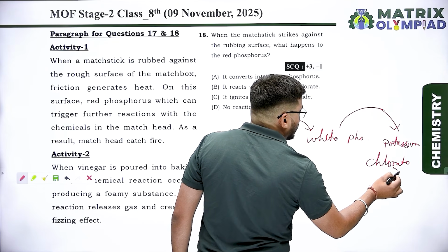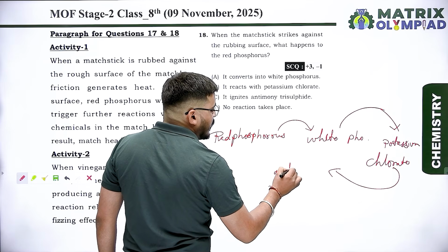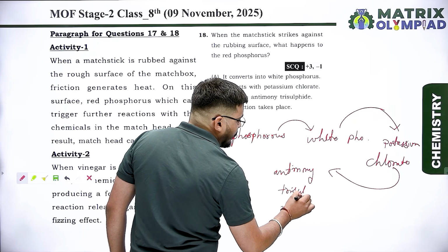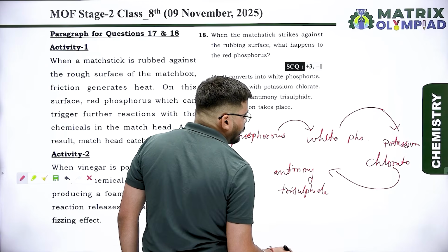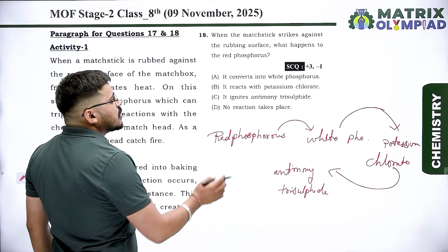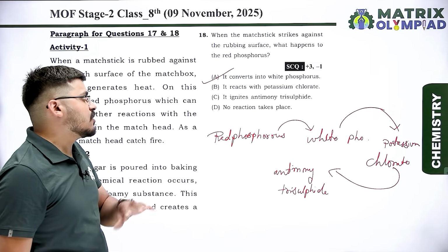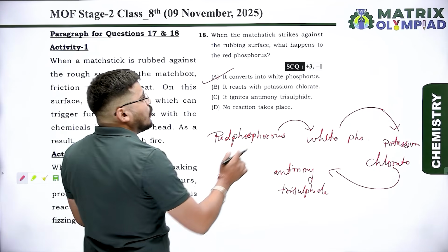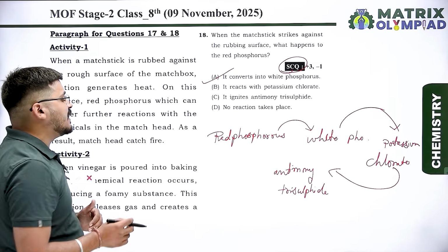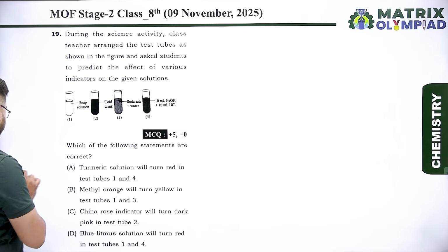And this potassium chlorate decomposes the antimony trisulfide. So the question is, what happens to the red phosphorus? Red phosphorus is converted into white phosphorus. This is the answer. Option A is correct. This is a single choice question, so there is no need to check options B, C and D. So let's move to the next question, question number 19.